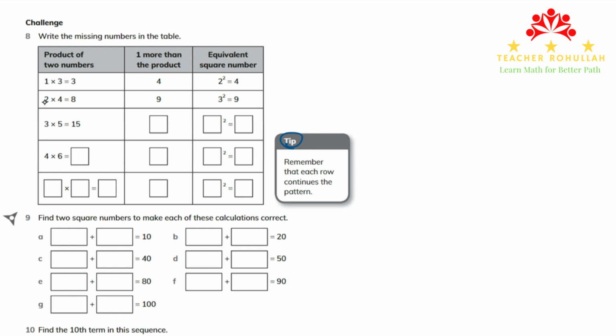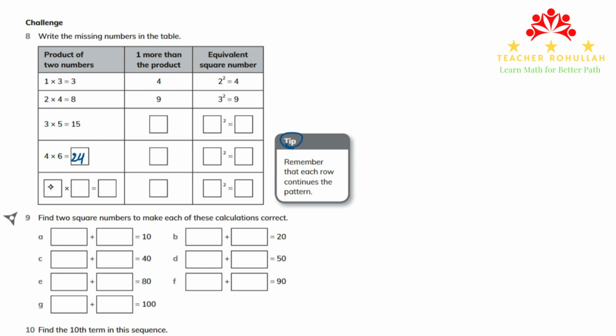We have 1 here, it becomes 2, and 3 here, it becomes 4. 2 times 4 is 8. And again, both numbers increase by 1. In the third column, we have 3 and 5 because we have 2 and 4. So each one increased by 1. 3 times 5 is 15. And 4 times 6 is 24.